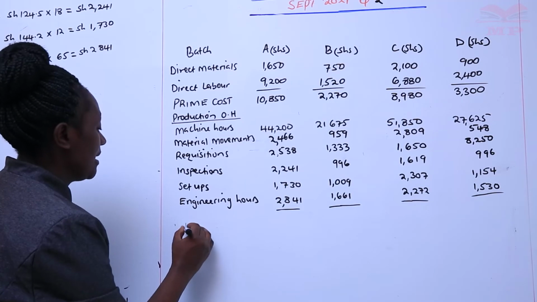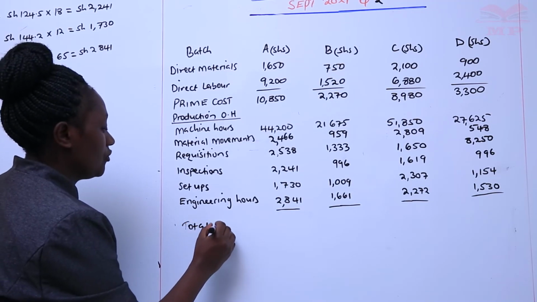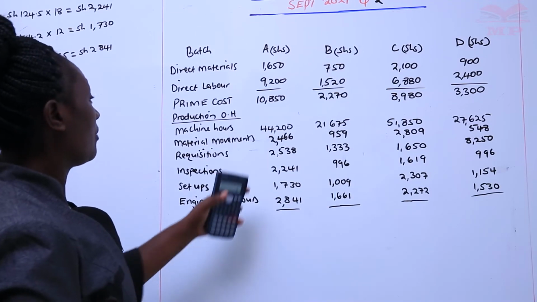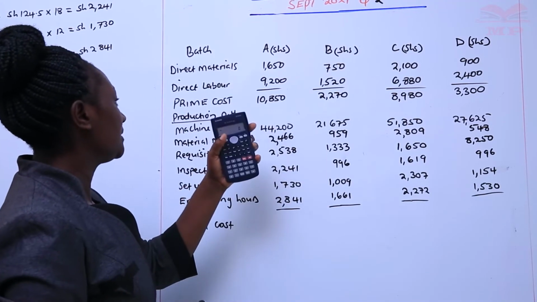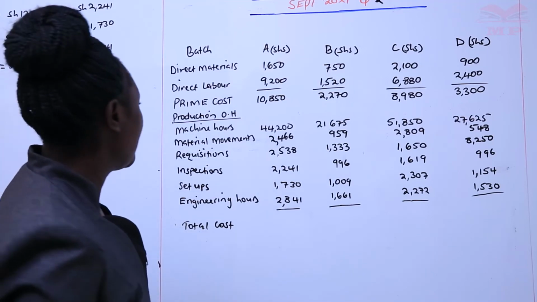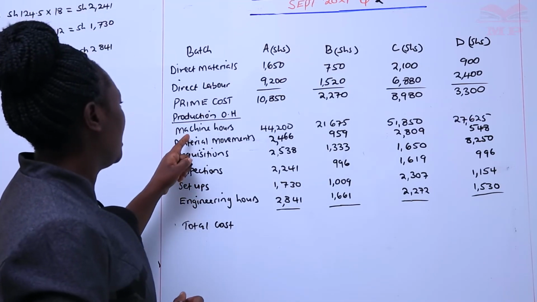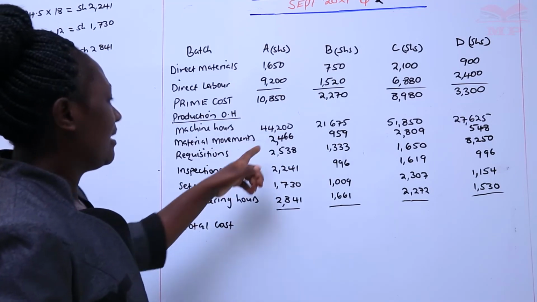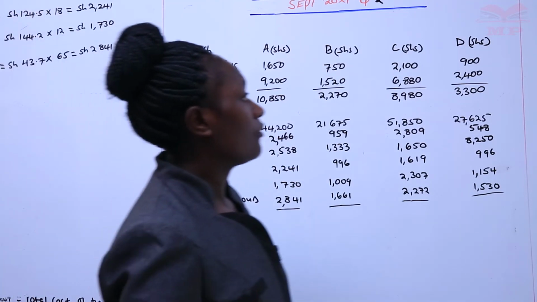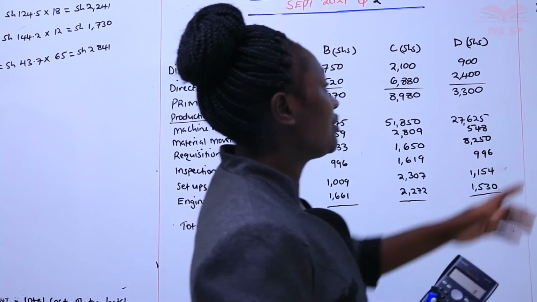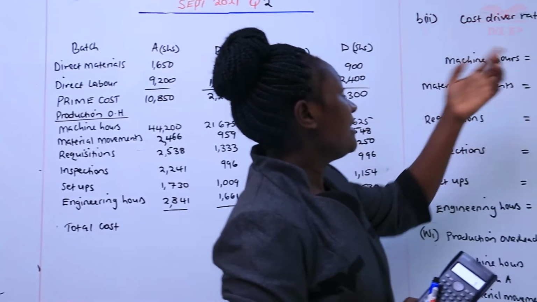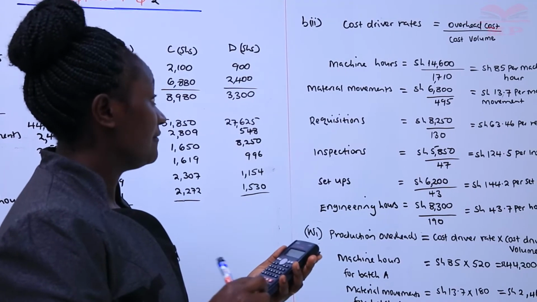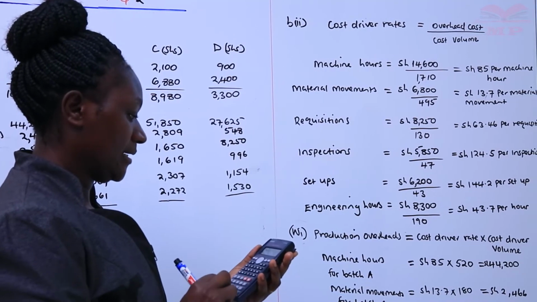So we now get the total cost. For us to get the total cost, we are adding prime cost plus production overheads. Beginning with the cost driver machine hours, to calculate the cost driver rates, we had 14,600 divided by 1710.